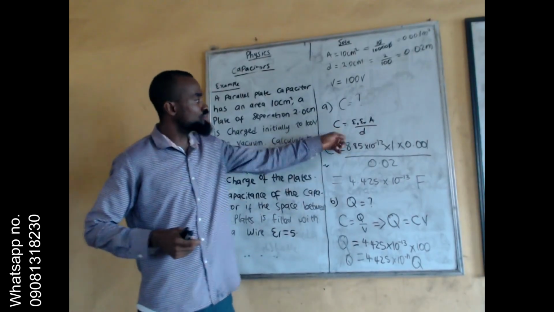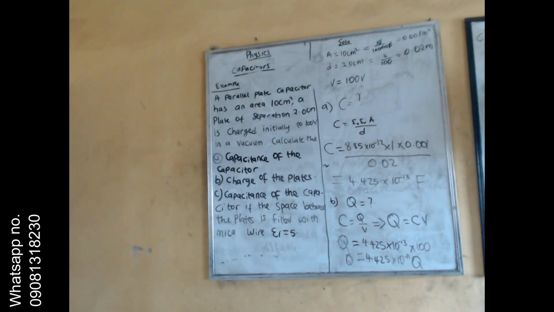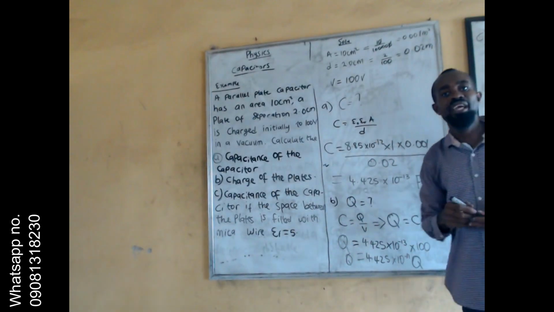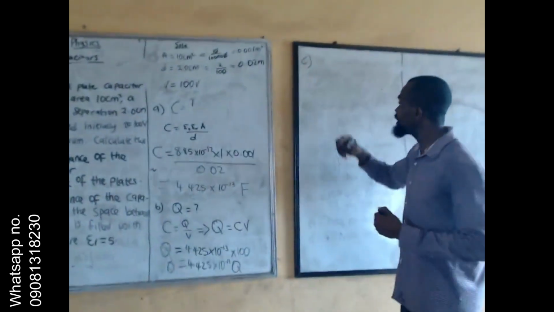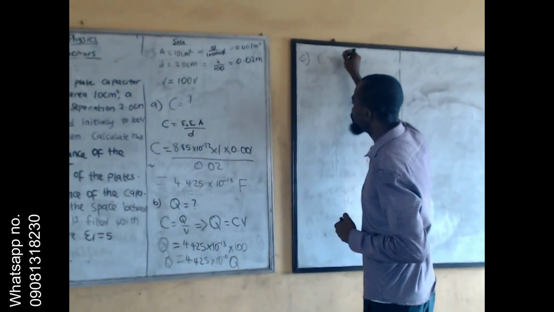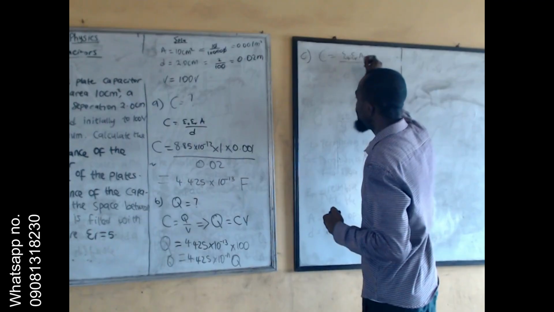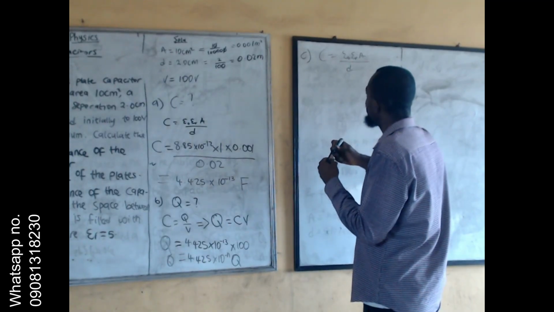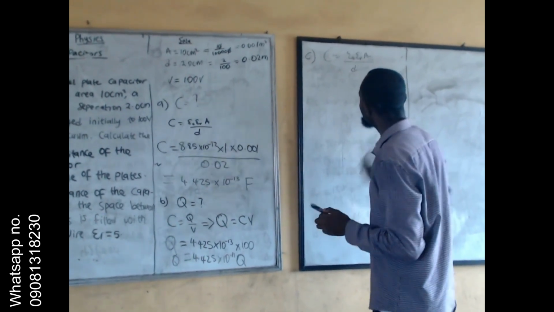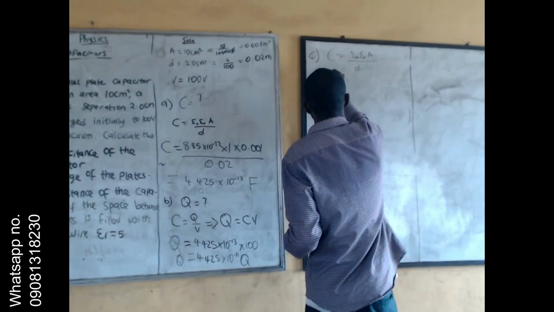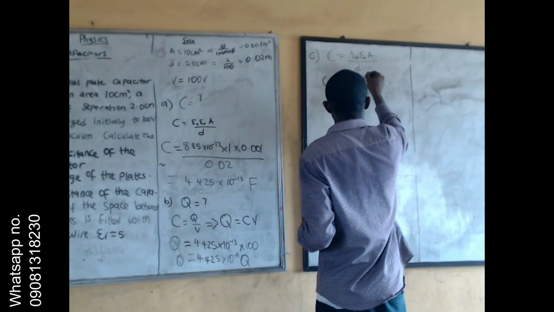So we use C is equal to epsilon naught epsilon r A over D. Epsilon naught is a constant, 8.85 times 10 raised to the power minus 12.